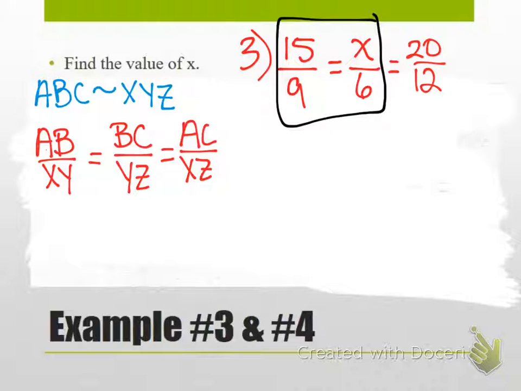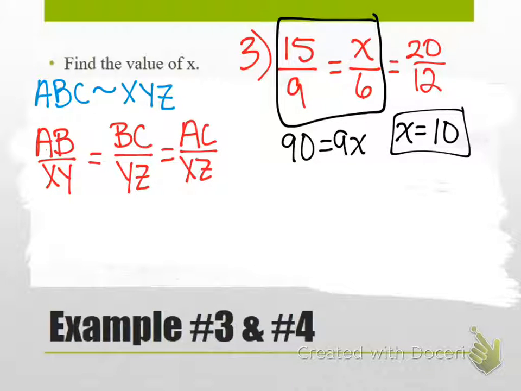We just need 2 of them, and one of those pieces has to include our variable. So if I'm sticking with the first 2/3 of it, and I cross multiply, what do I get? 90 equals 9x. This is why we did proportions yesterday. How are we going to solve? Divide both sides by 9, and we get x equals 10.